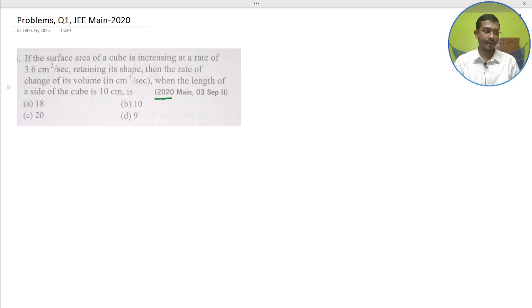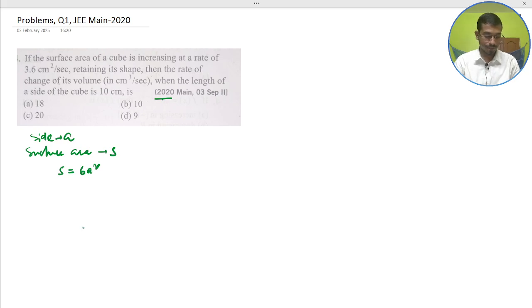Here it is given: let the side of the cube be a and S be the surface area. S equals 6a square.